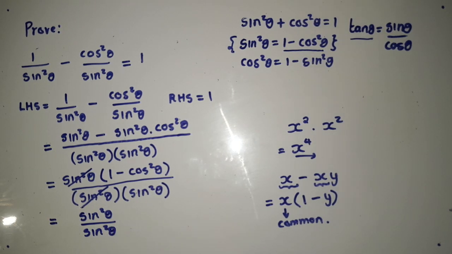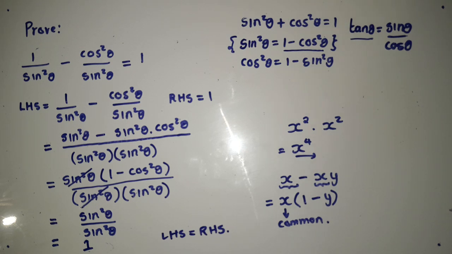Then sine squared theta divided by sine squared theta, we get 1. At this point, we can then say our left hand side is equal to our right hand side. You see? Let us try another example.